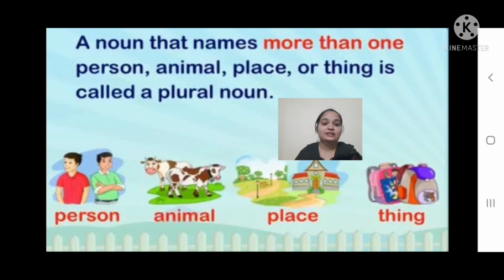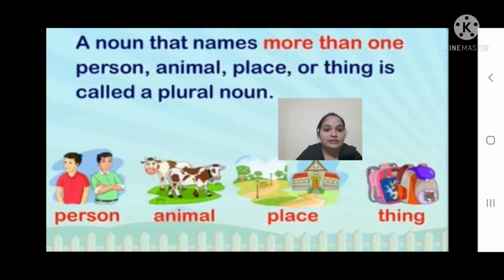Now see here, a noun that names more than one person, animal, place or thing is called a plural noun. For example, there are two persons there, animals, places. You can see a building as well as a park area or a garden area, and there are many things over there.